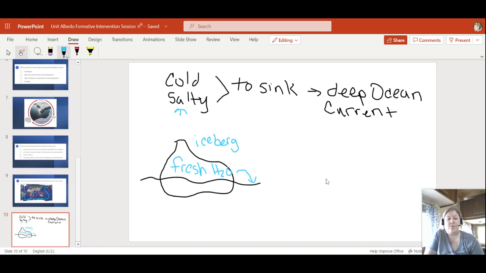So what will happen is, because this is happening because of the decreasing albedo, the fresh water is being added and the salt concentration is decreasing. It's still cold, but the salt concentration is decreasing, so the water's not going to sink anymore.